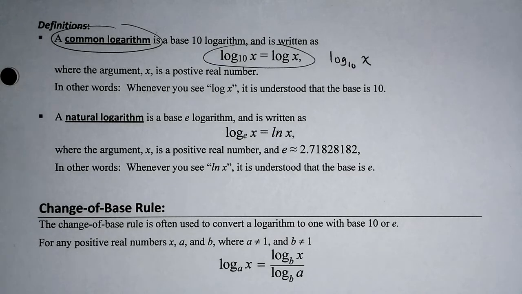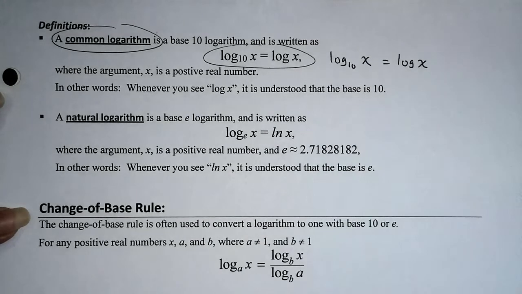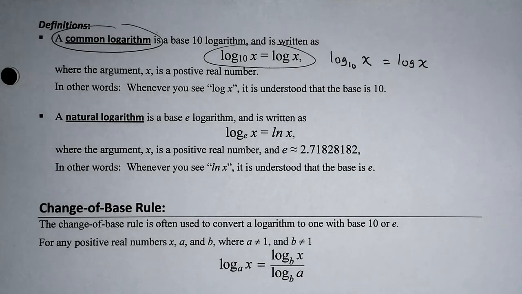It's just that when the base of a logarithm is 10, we typically don't write it, so instead we just omit it. So the moral of this story is this: if you have an expression involving a logarithm and the base is not written, then it's understood that the base is 10.